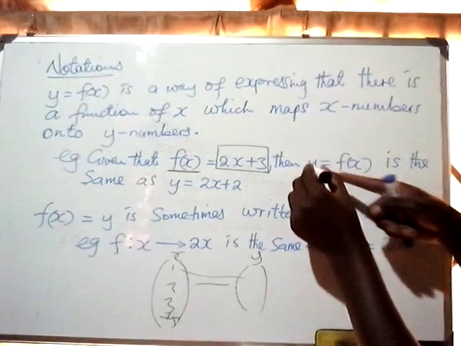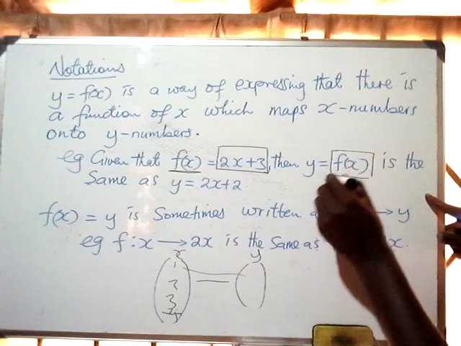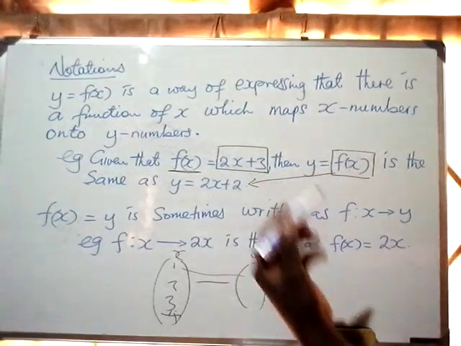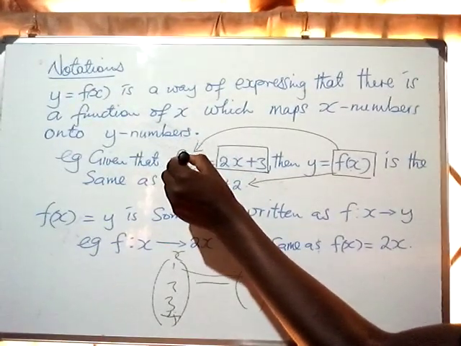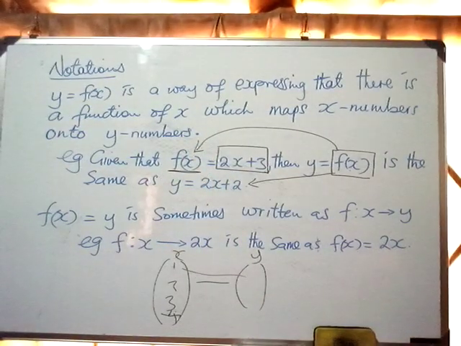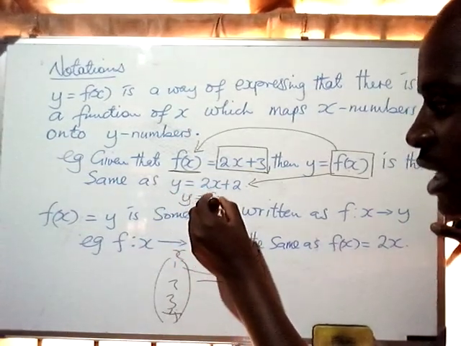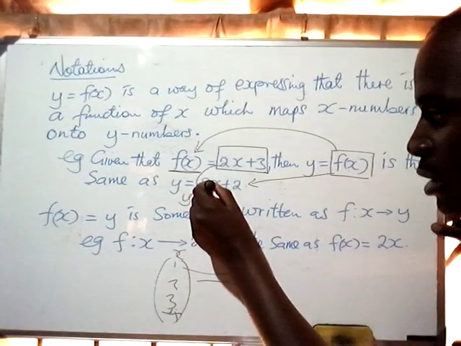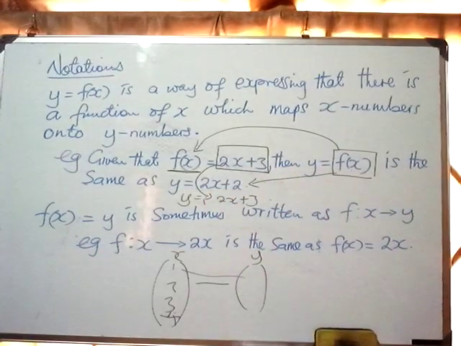If they say y is equal to f of x, this means that where there's f of x, we are going to replace it with 2x plus 3. That is the meaning of this statement. I hope you are getting the point.